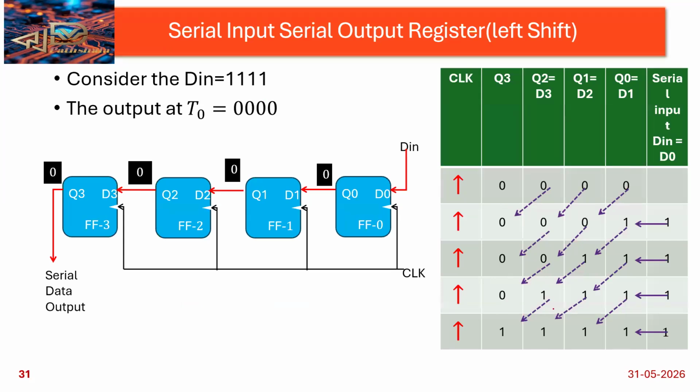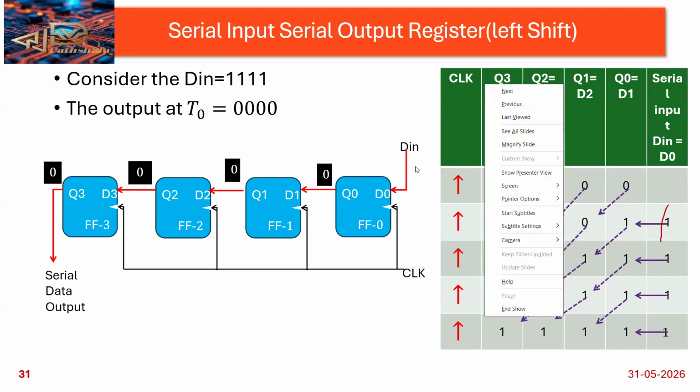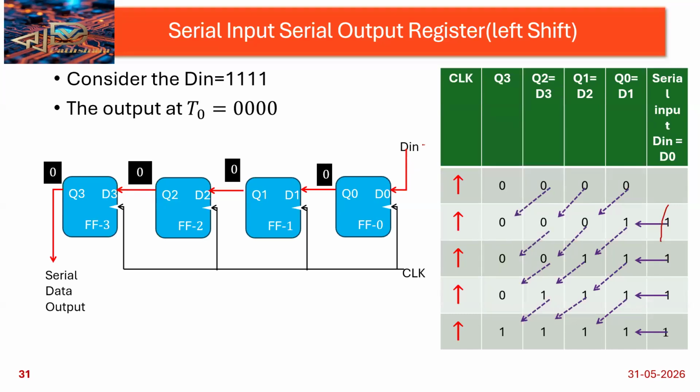Okay. See, 4 inputs I am giving here. So 1 I am giving here, Dn equal to 1, and then Q naught is 1. This is one output, and then this is one output, and then shifted together.